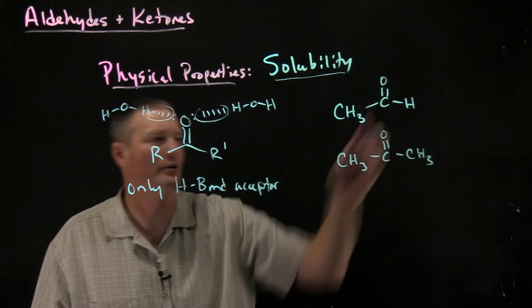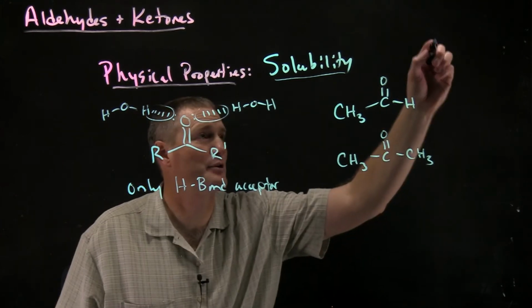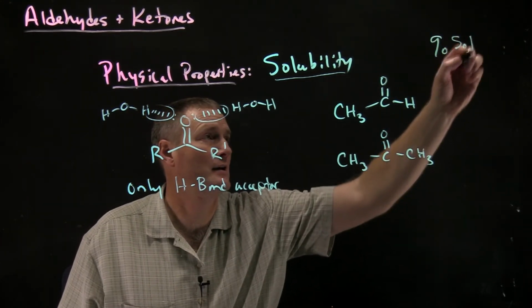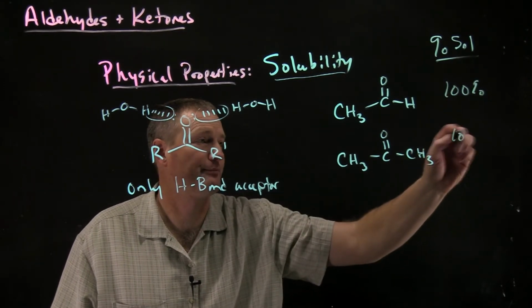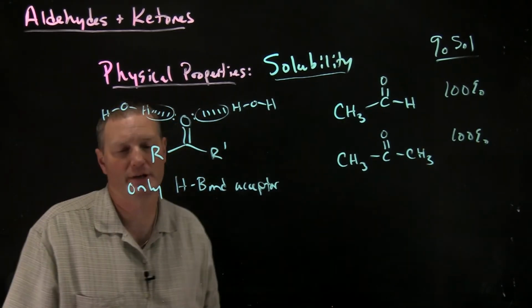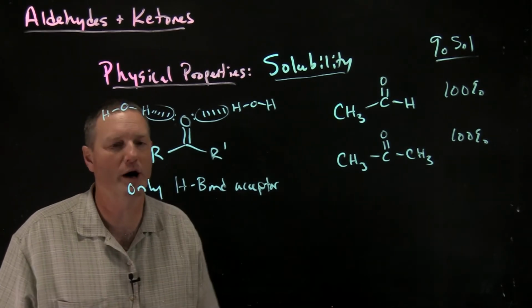These are two carbonyls that have just either 2 or 3 carbons in them. If I looked at percent solubility in water, these two have approximately 100% solubility. So in essence, I can mix equal volumes of these into an equal volume of water.